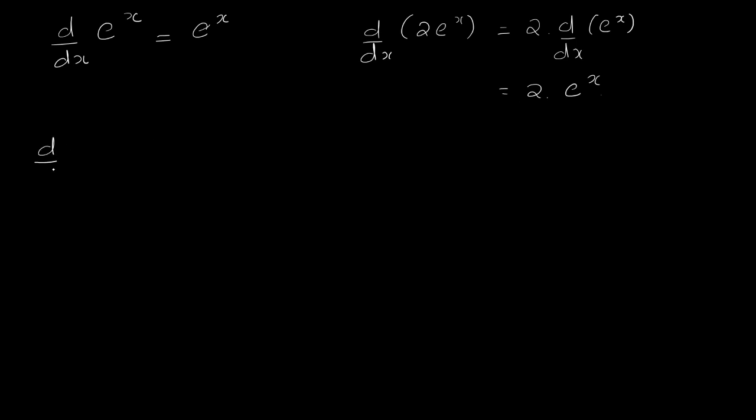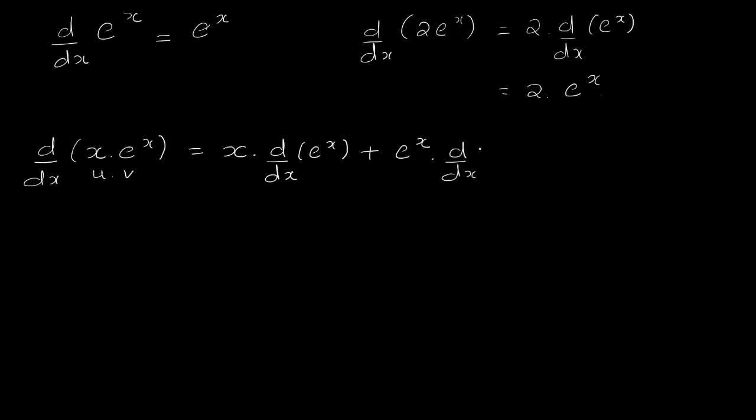If I want to start with d by dx of x into e raised to x. Now again x is a function of x, e raised to x is also a function of x. So it's a multiple. So again u into v I will have to use. And if we use u into v formula, I will have what? U, that is x, into derivative d by dx of v, that is e raised to x, plus e raised to x into d by dx of x, and it will give me what?